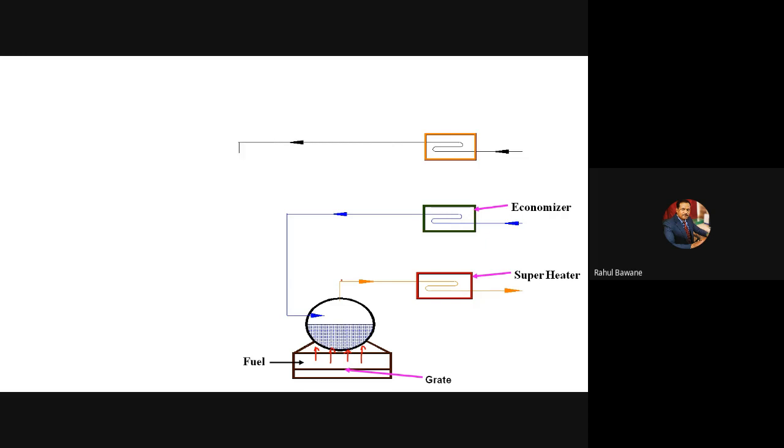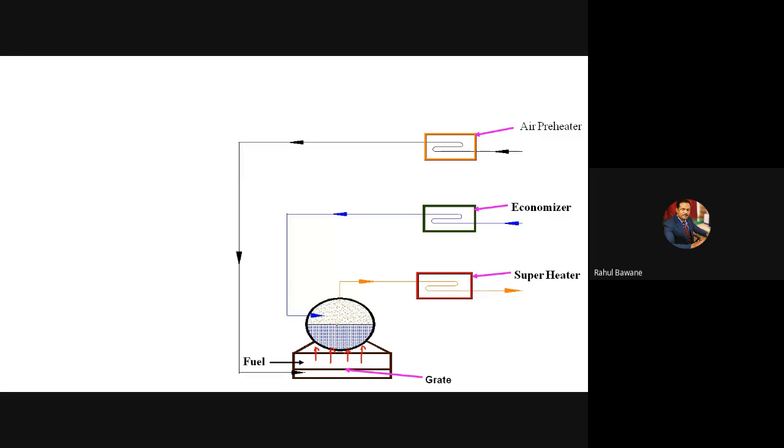And after the economizer, whatever heat remains in the exhaust gas, we recover by using the air preheater. We preheat air and supply it to combustion, where fuel and air get burned and heat is evolved.